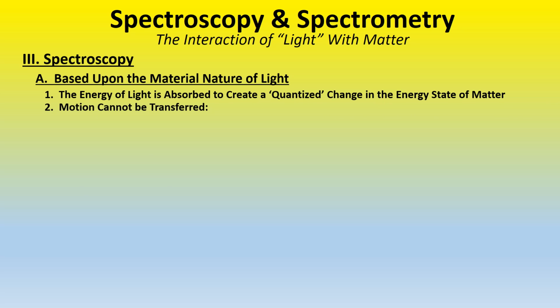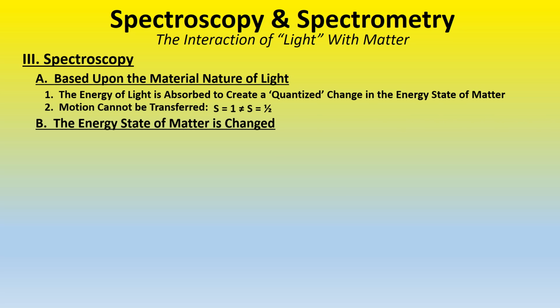However, since the spin of a photon is different from the spin of an electron or a proton, the motion itself, the angular momentum, cannot be transferred because a photon with a spin of 1 cannot interact with a fermion with a spin of 1/2. Instead, the entire energy state of matter is changed.